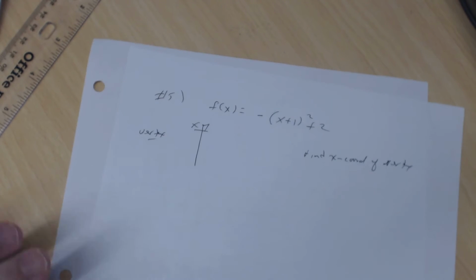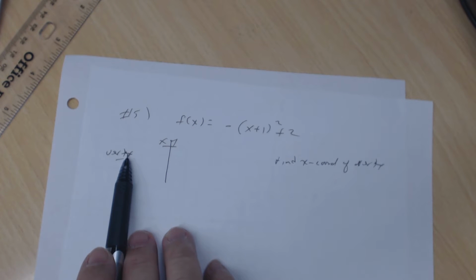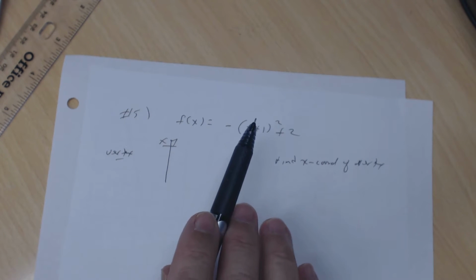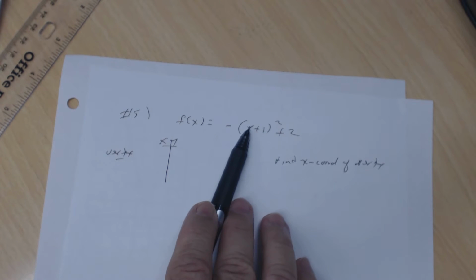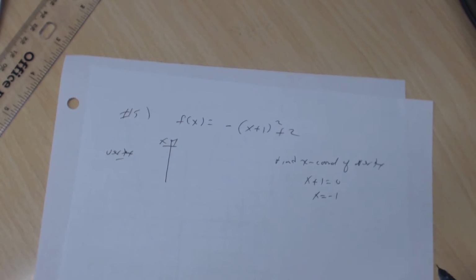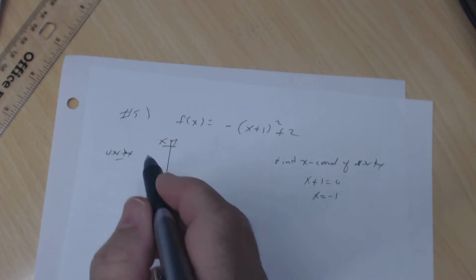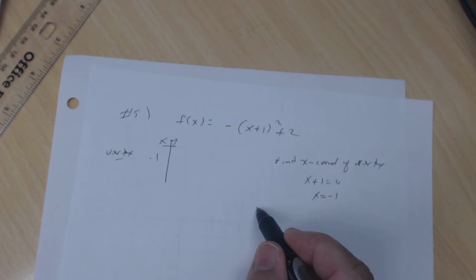For right now, the way I want you to think about finding the vertex is that it's in this form, the standard form. Find out what makes it 0. So x plus 1 is equal to 0 when x equals negative 1. When x is negative 1, I substitute negative 1 back in.